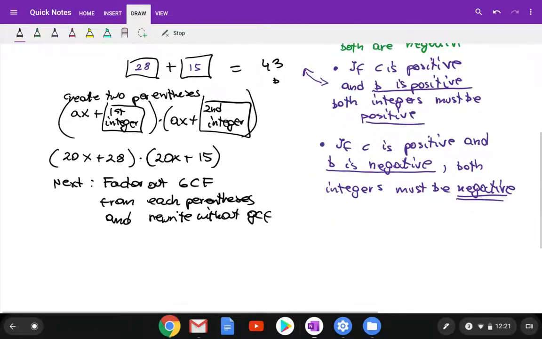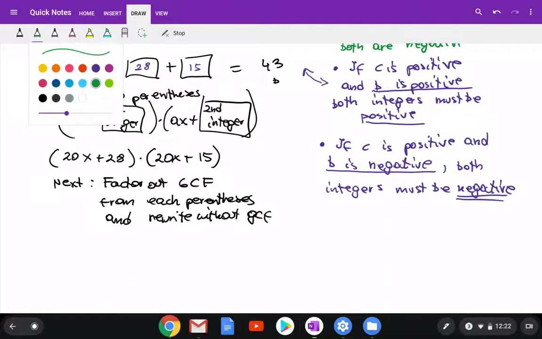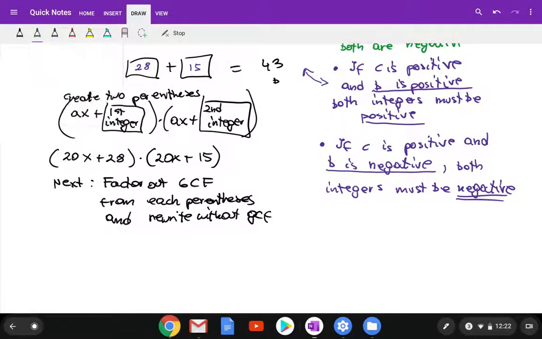Okay, so our first parenthesis is 20x plus 28.